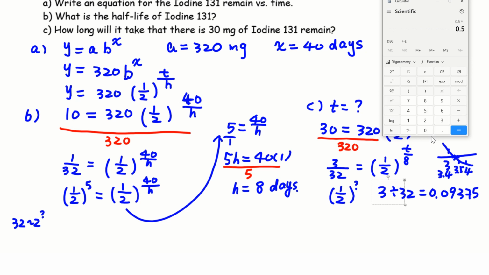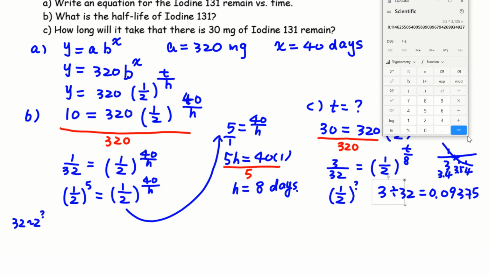0.5 to the exponent 3.425, between 3.4 and 3.5. That is still smaller, so it needs to be less than 3.425. We are going to try the middle, 3.415.